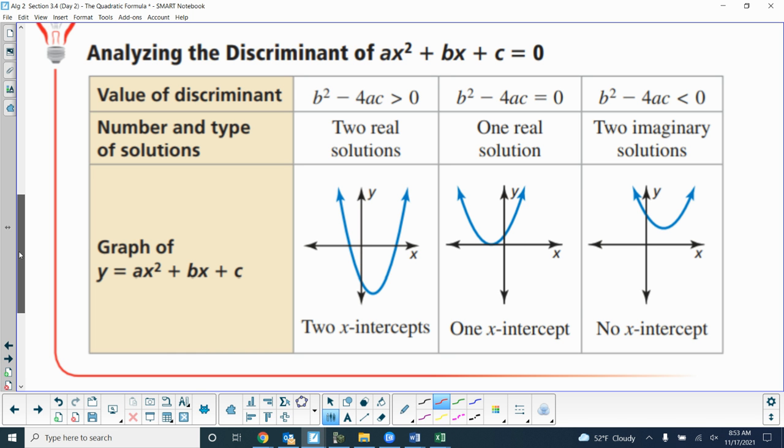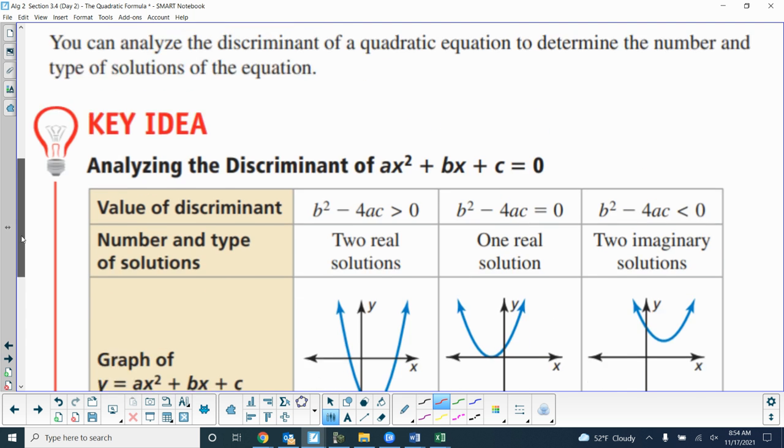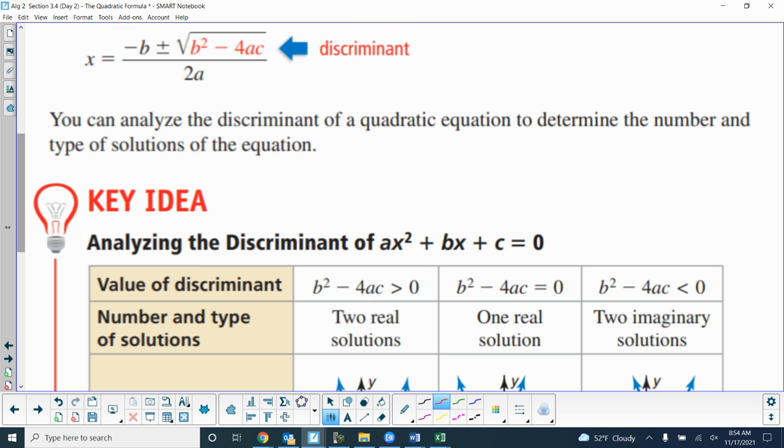All right? So the type of problems you'll have today, as well as some more solving using the quadratic formula, is they're going to say, find the discriminant and determine the number and type of solution. All right?